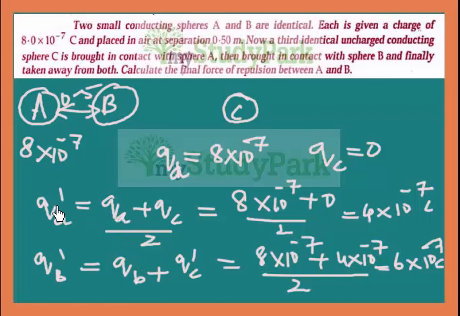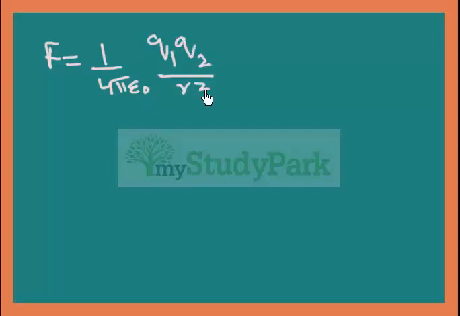So you now know the new charges of QA dash and the new charges of QB dash. The force of repulsion between A and B is always given by Coulomb's inverse square law, which is given by F equals 1/(4πε0) Q1 Q2 divided by R squared.